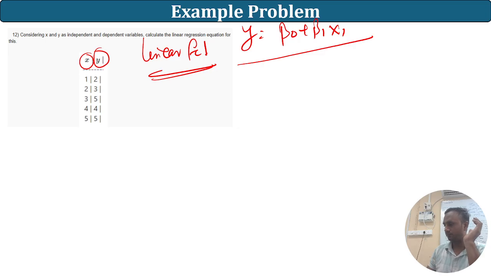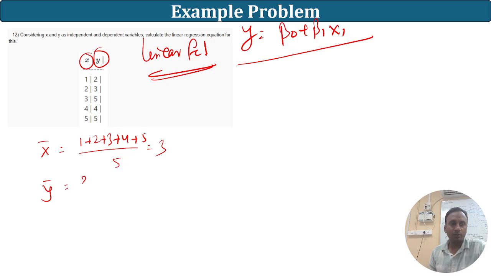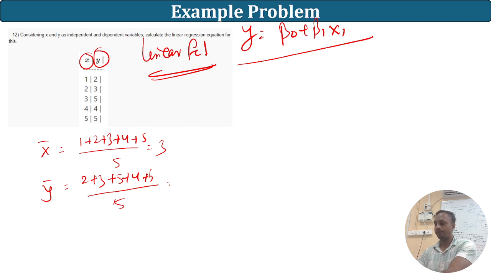First, calculate x bar: 1 plus 2 plus 3 plus 4 plus 5 is 15, divided by 5 gives 3. Then y bar: 2 plus 3 plus 5 plus 4 plus 5 is 19, divided by 5.